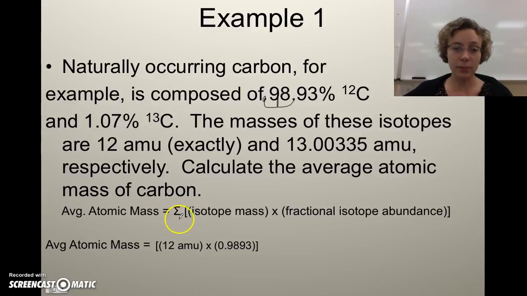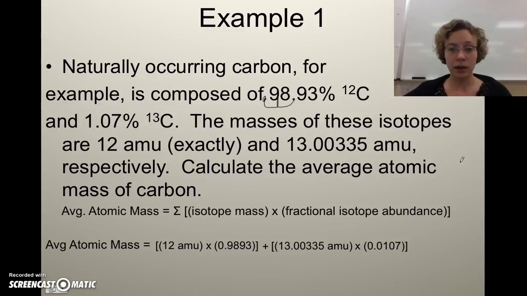Then again, the sigma means sum, so we're going to add the isotope mass for carbon-13 and the fractional isotope abundance for carbon-13. So there is our mass of the carbon-13 isotope times our abundance of the carbon-13 isotope. Again, we moved this decimal 2 places so that it's no longer a percent, it's instead a fraction.